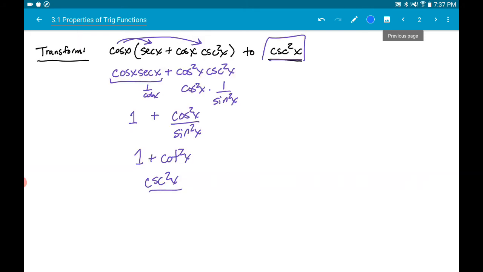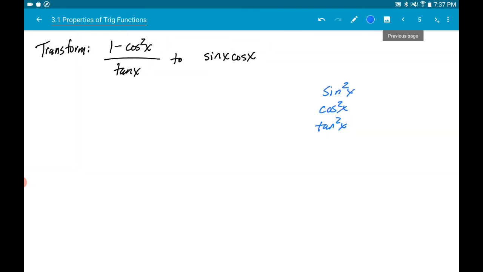So when I think about this numerator, 1 minus cosine squared, the go-to with cosine is sine squared plus cosine squared is 1. You do want to memorize this. And if I rewrite this, I could say that sine squared is equal to 1 minus cosine squared. Right? That's me moving this to the other side.